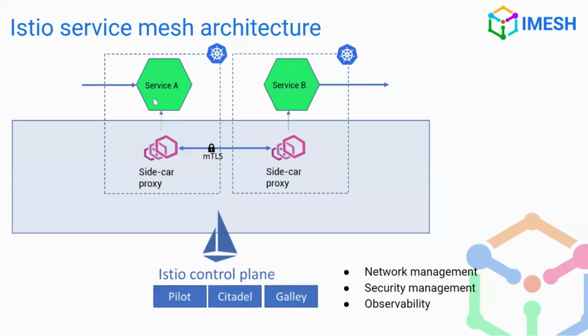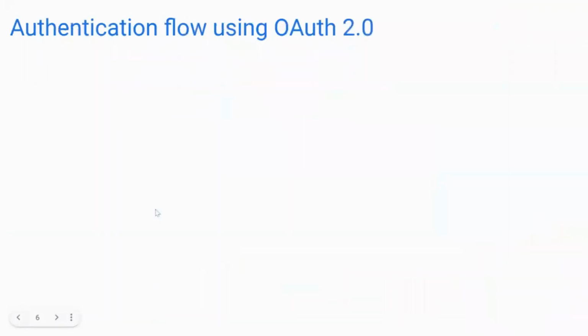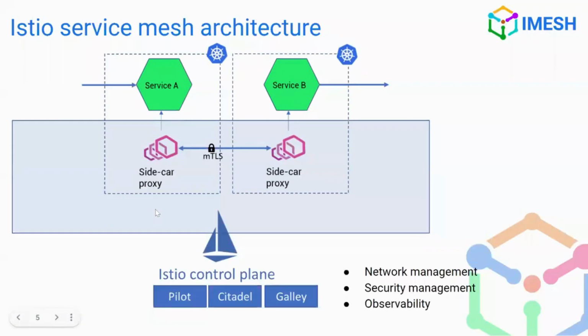So the core idea behind implementing a service mesh is to move the network communication related responsibilities from individual services to a dedicated infrastructure layer. So this infrastructure layer consists of a set of proxies that is deployed alongside the microservices. Okay.